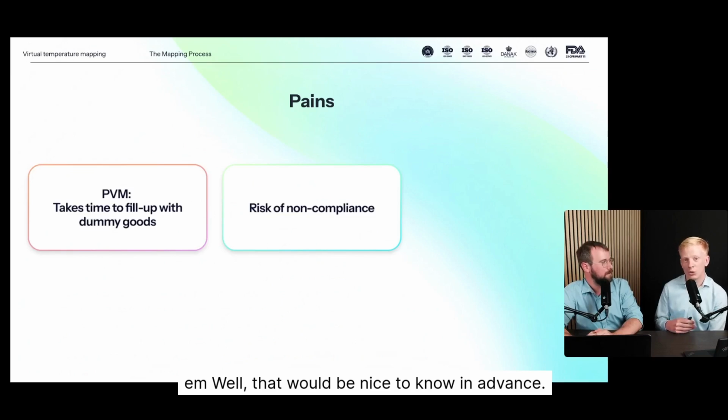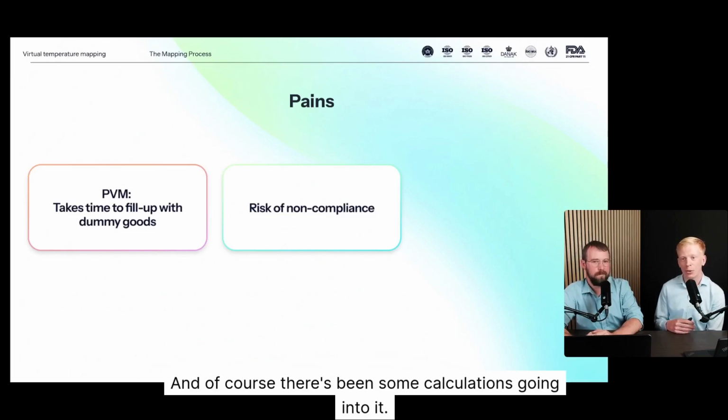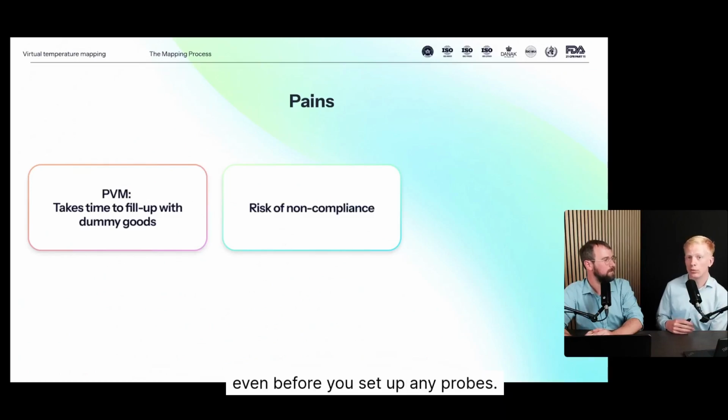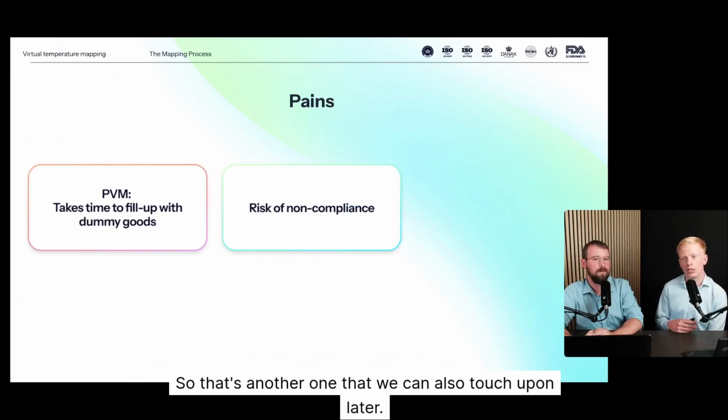Well, that would be nice to know in advance. Of course, there have been some calculations going into it, but it's always nice to get an idea of where you have your hot and cold spots, even before you set up any probes. So that's another one that we can also touch upon later.